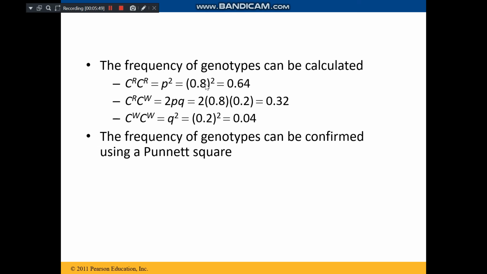CR CR is 0.8 square, 0.64. CR CW, the heterozygous condition, is 2PQ, 2 into 0.8 into 0.2, which gives you 0.32. In the homozygous recessive condition, Q square, 0.2 square, is 0.04. You can confirm the frequency of genotypes by using the Punnett square.